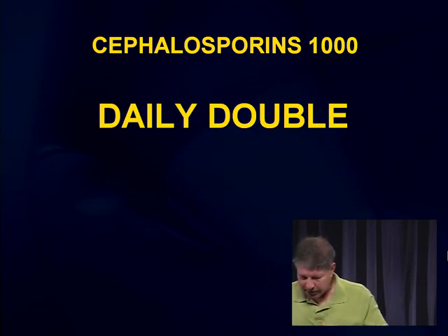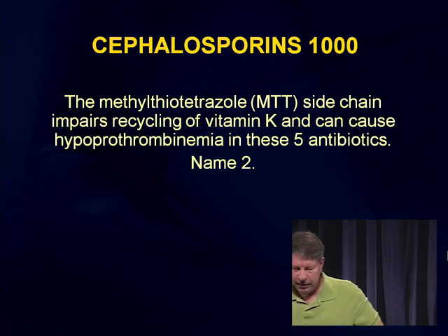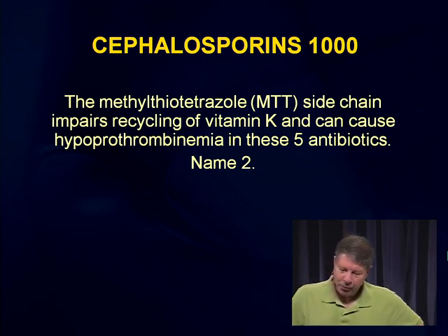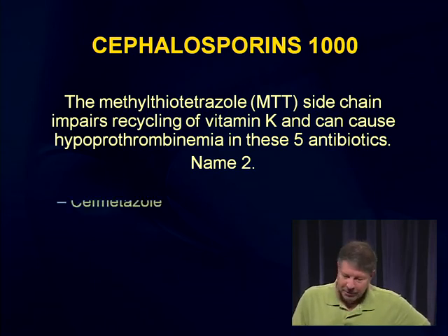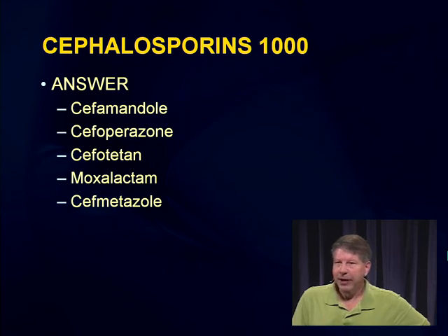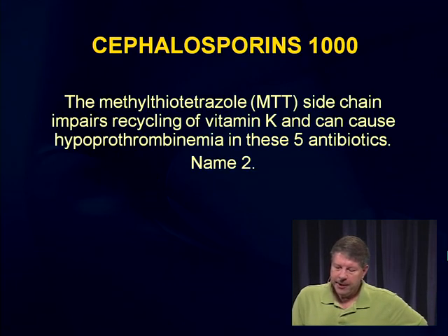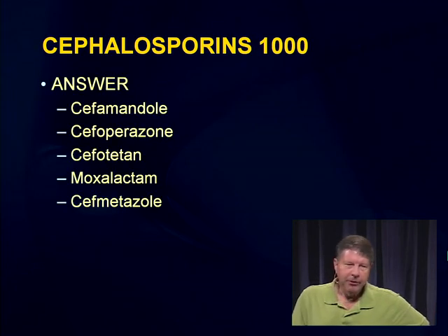Okay, your daily double. The methylthiotetrazole side chain impairs recycling of vitamin K and can cause hypoprothrombinemia in these 5 antibiotics. Name 2. Well, I'll give you them because I can't pronounce them anymore, and half of these aren't available anymore. Most of these drugs are used by the surgeons.